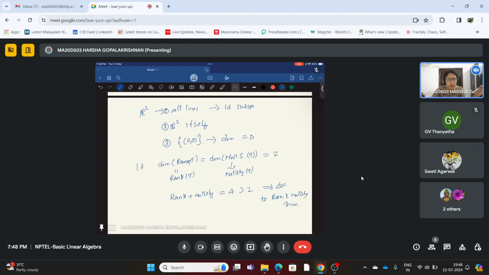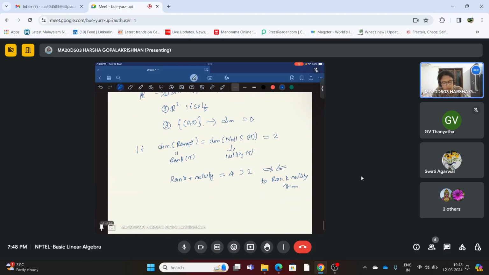Now, can it be both 0? Of course, it should be equal. I am asking, can the dimension of the range of T equal the dimension of the null space of T equal 0?